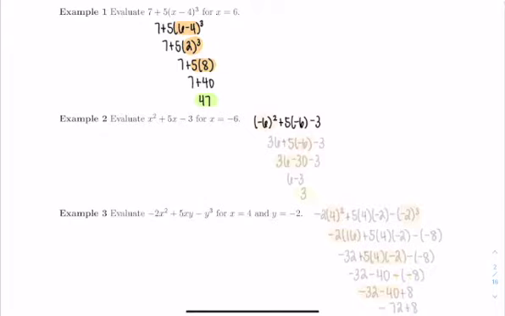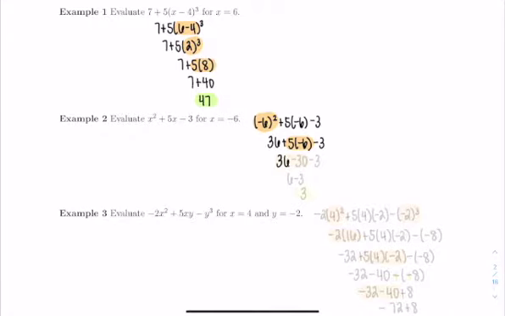So what we want to do, because we don't have any grouping symbols to simplify, is we're going to look at our exponential expressions, which is the negative 6 squared. Now when I square a negative 6, this is going to become a positive 36. And then the rest is going to stay the same. The next thing I want to simplify is my multiplication, which is 5 and negative 6.